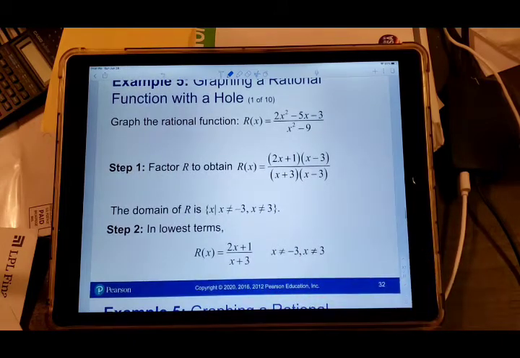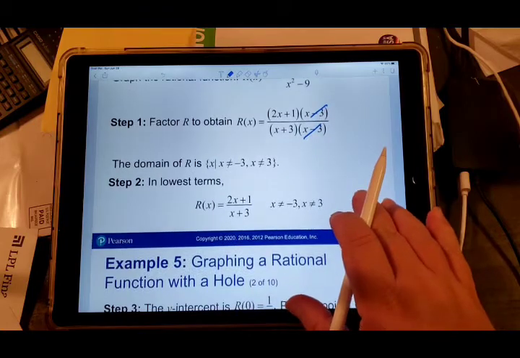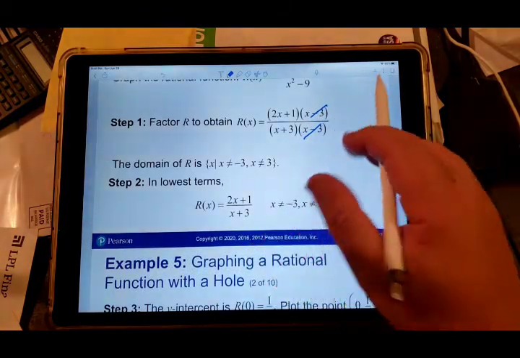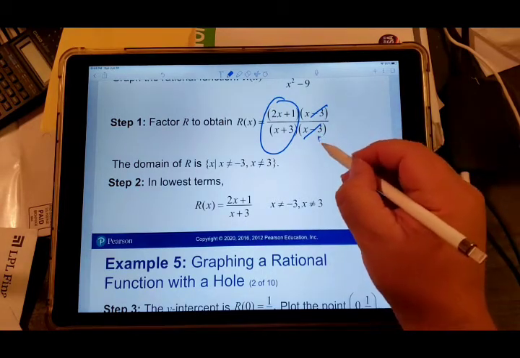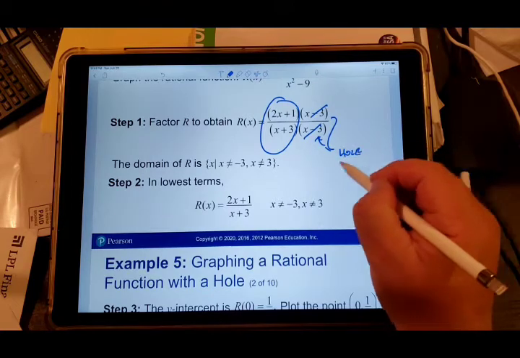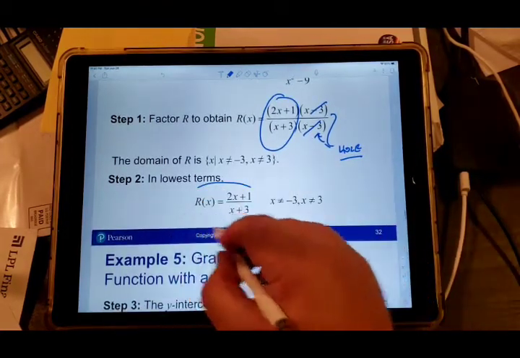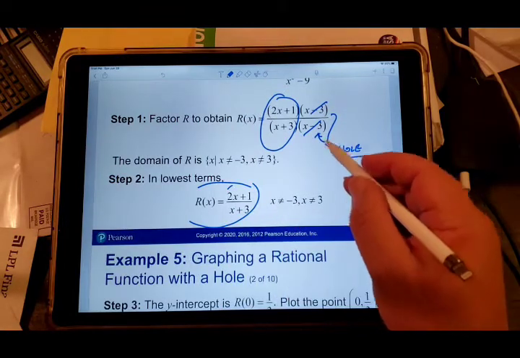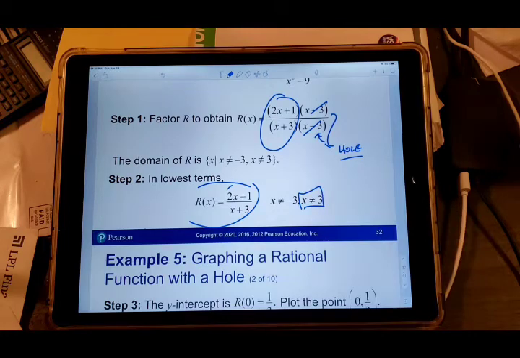All right, here's an example where they factored, and notice that if you reduce the problem, you're really just graphing this one. And what this means is there's going to be a hole in the graph. So this is what we graph, but keep in mind that x cannot equal 3.